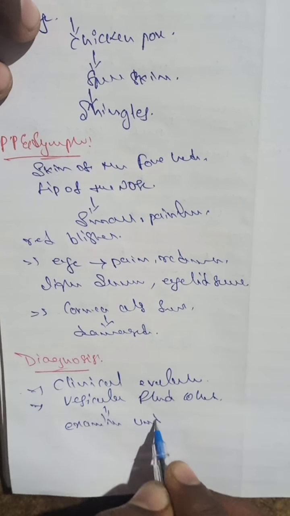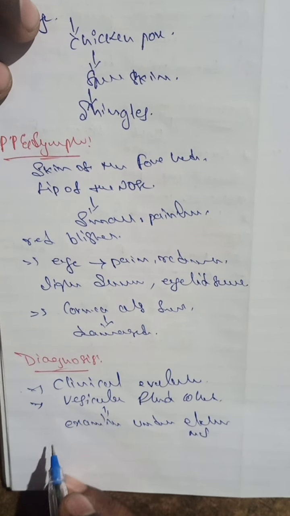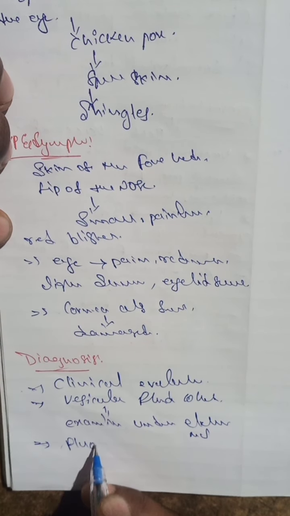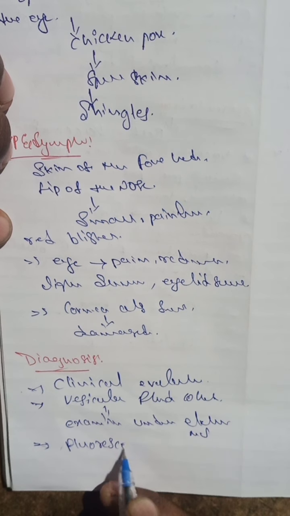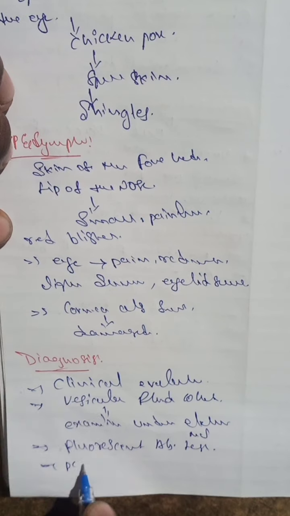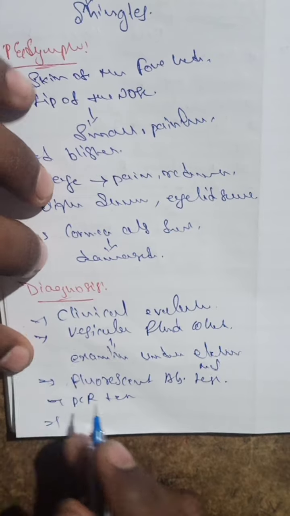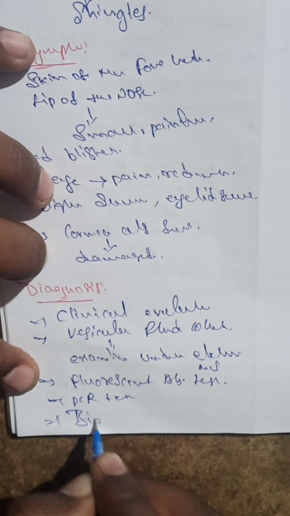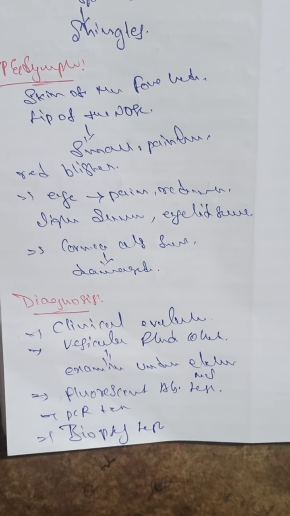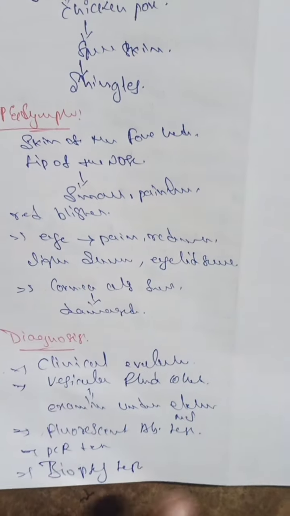Next is the fluorescent antibody test, the PCR test, and antigen detection by biopsy test. These tests are involved in determining whether the VZV virus is present or not in our body.